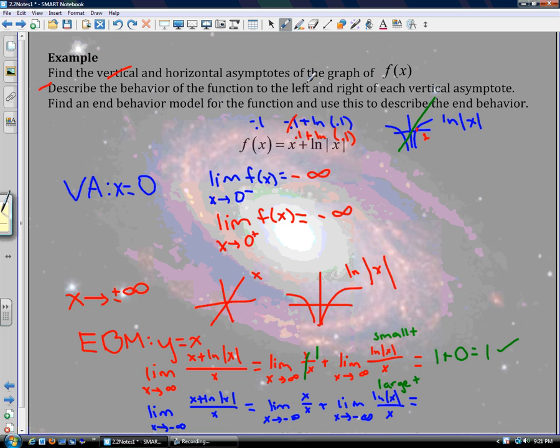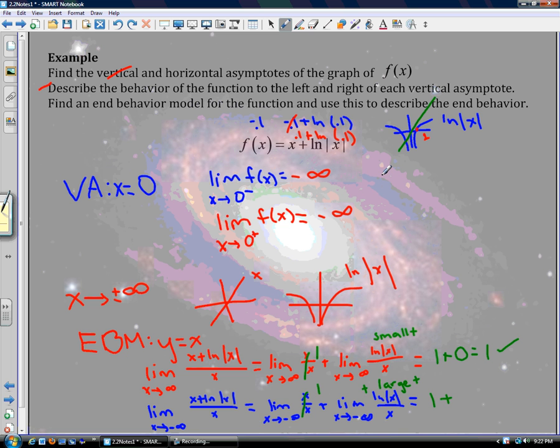Equals, again, I can cancel this. It's just the limit of 1, which is 1, plus a very similar thing to before: ln of absolute value of x. As I'm going to negative infinity this time, it's a relatively small positive number. So, a little positive divided by x. What is x as I go to negative infinity?